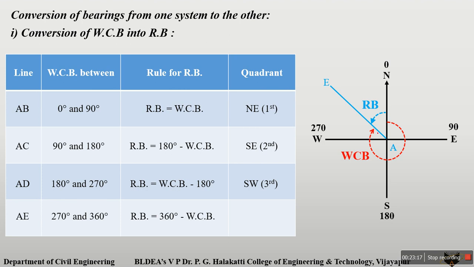So 360 degrees minus this value, we will get the remaining bearing, that is called the reduced bearing. Here the quadrant name is north west or NW, that is the fourth quadrant. Okay, this is about the conversion of WCB into RB.